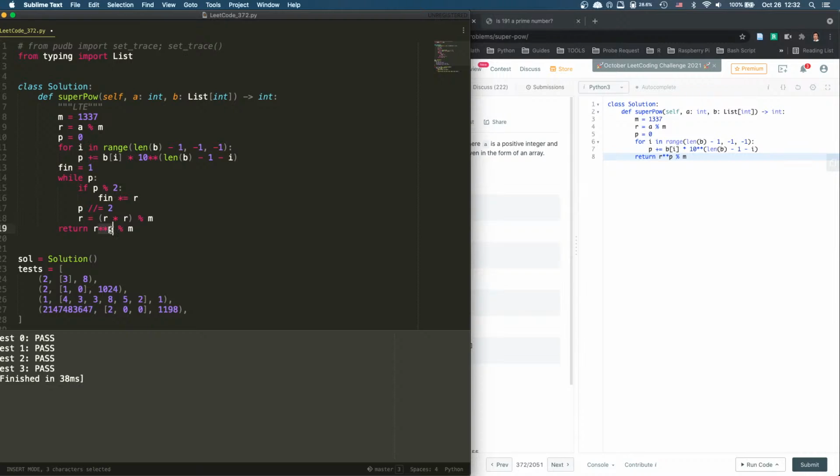So we return fin times r, whatever r is remaining, and then mod n. Nope. Nope, it's not right. It's not right. Hold on. Why is this not right?